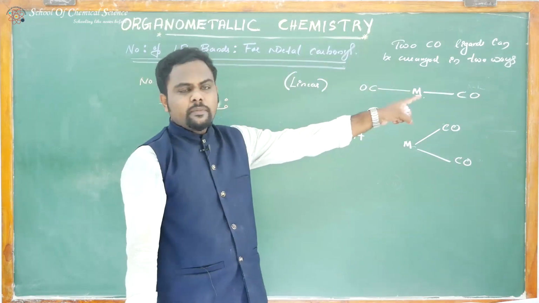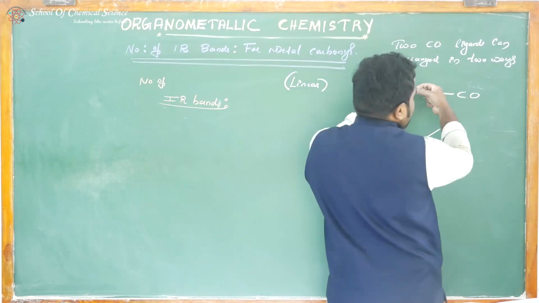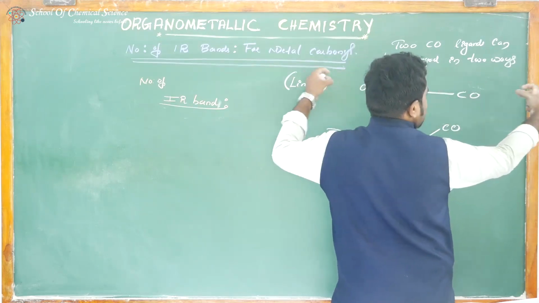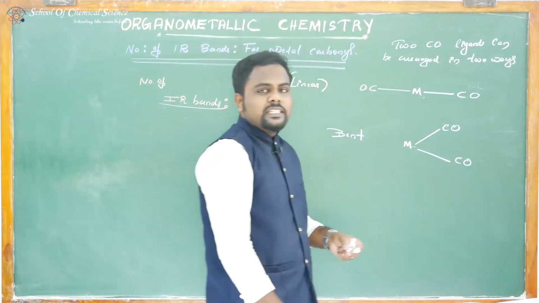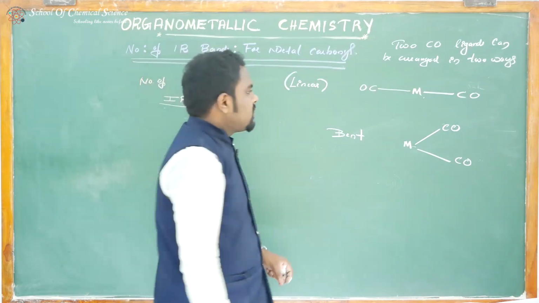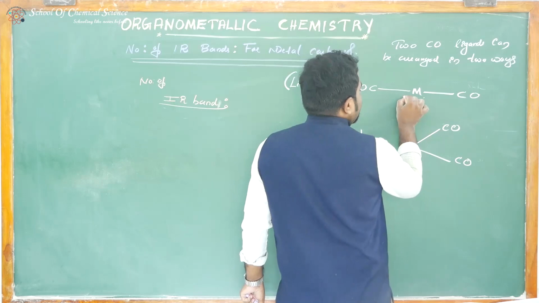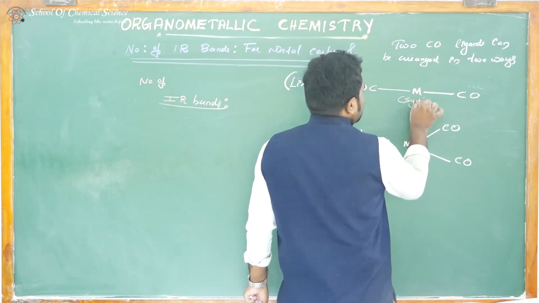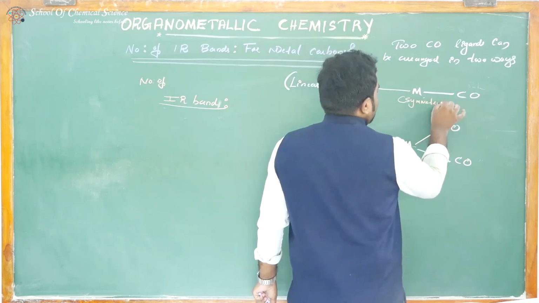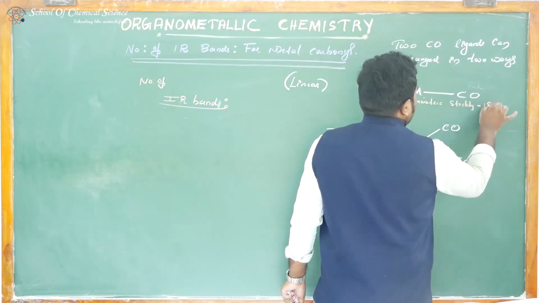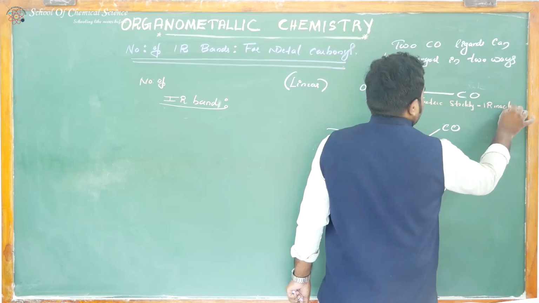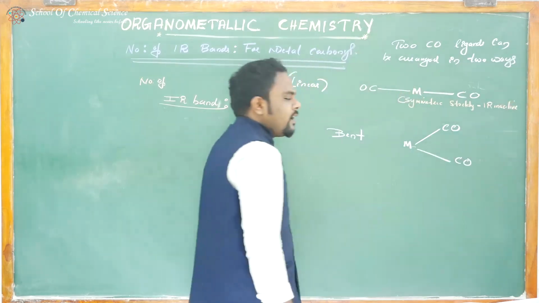In linear MCO, symmetric stretching means both metal carbon bonds are stretching equally. So that will not cause any change in dipole moment. So in linear, symmetric stretching is IR inactive.